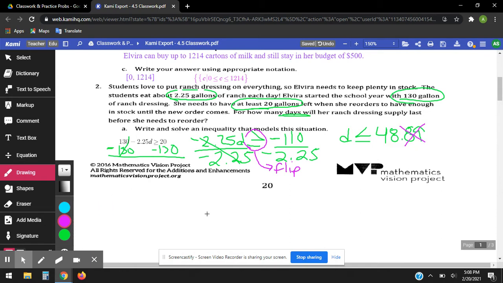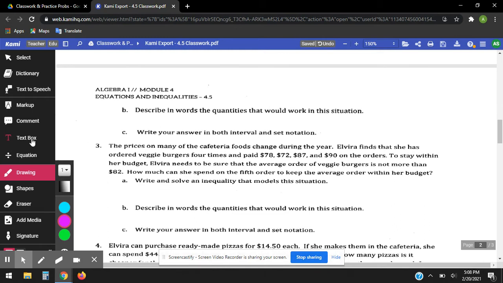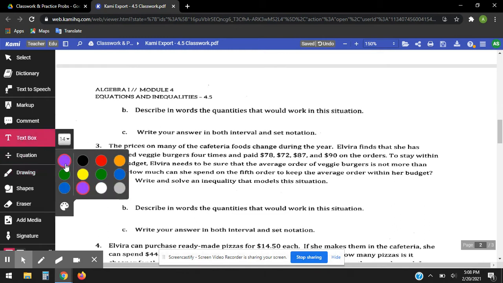So describe in words the quantities that will work in this situation. So now let's put some words to this.